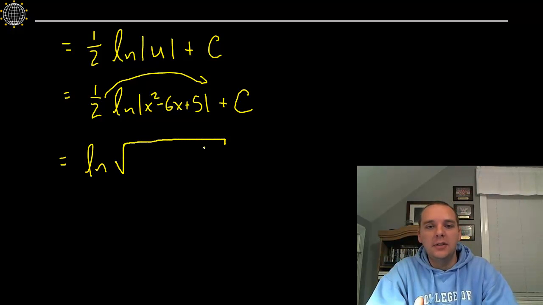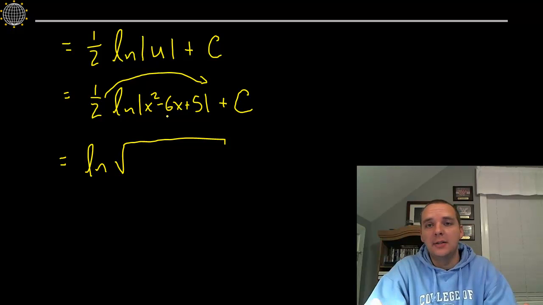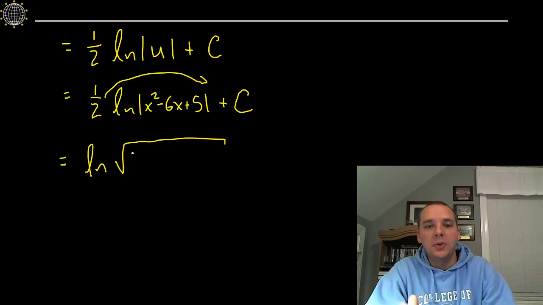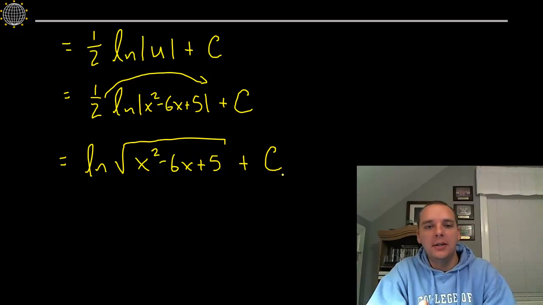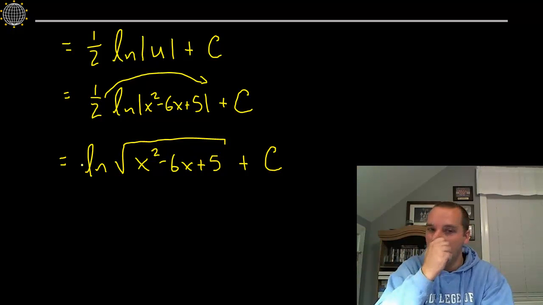Since whatever's inside a square root has to be positive anyway, the absolute values are redundant here, so we can drop them, and we'd have natural log of the square root of x squared minus 6x plus 5 plus c. It's just a little cleaner. I don't know if it's necessary, but it definitely looks a little cleaner getting this coefficient out in front of that logarithm.